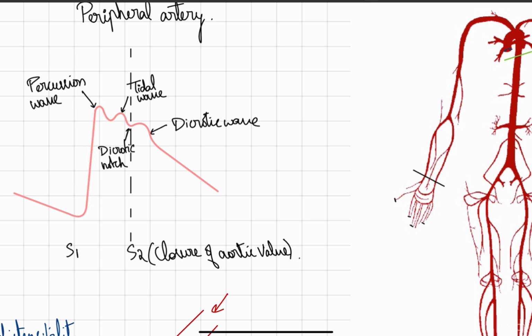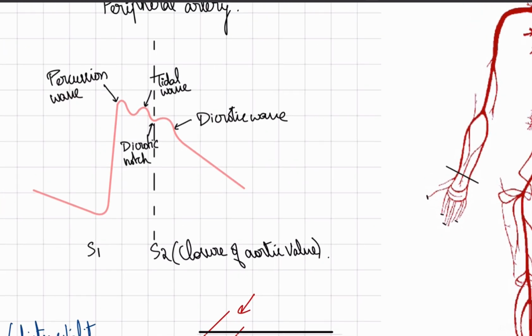Alright, since the peripheral arteries are very stiff, the needle marks a large amplitude percussion wave. Done. And then see the time, the distance, it's very short. So immediately you will get a tidal wave. You won't see an anacrotic notch because the wave comes, hits, and comes back. The reflected wave is so soon, so there is no anacrotic notch.